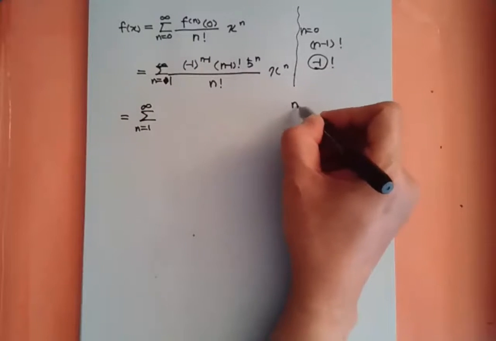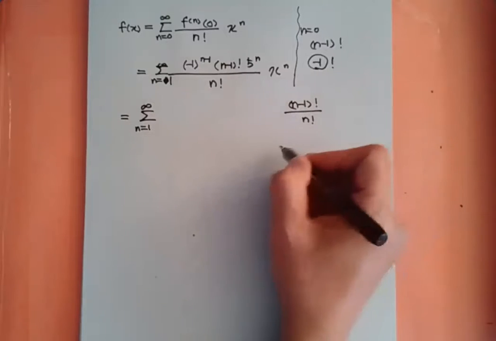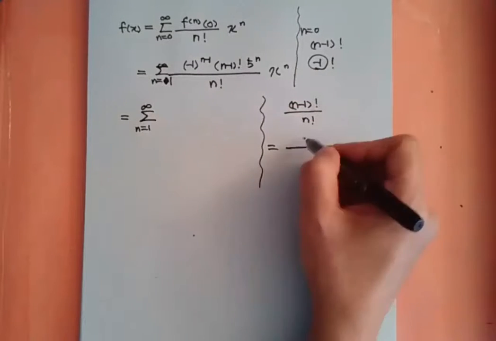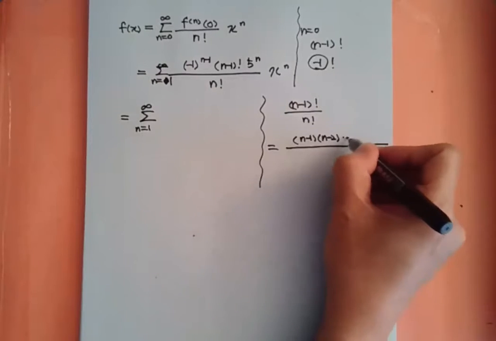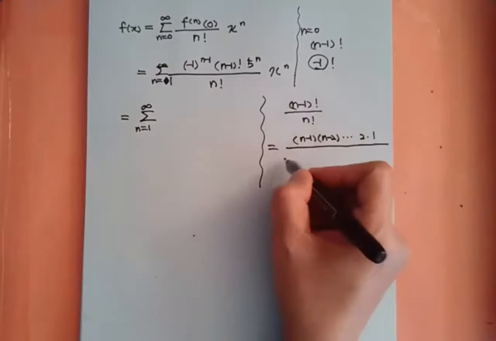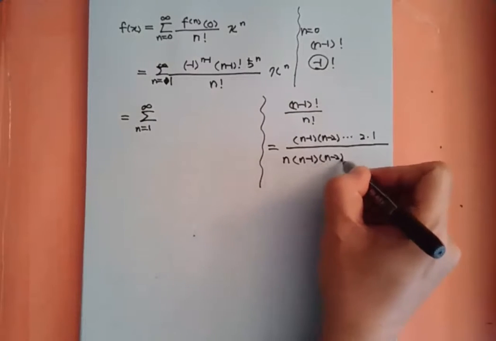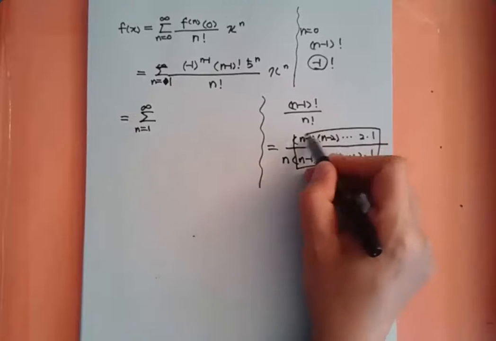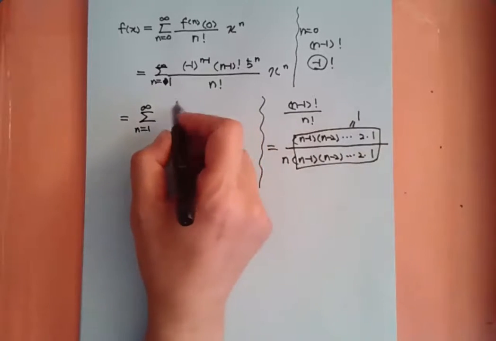We know that n minus 1 factorial over n factorial is n minus 1 times n minus 2 and so on down to 2 times 1, over n times n minus 1 times n minus 2 times 2 times 1. And so all the other parts will be 1, and so that is 1 over n.